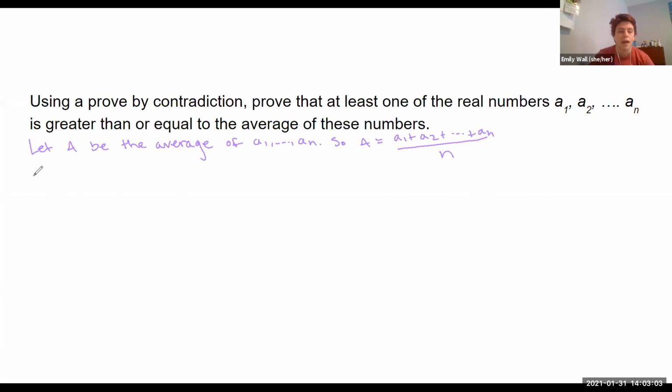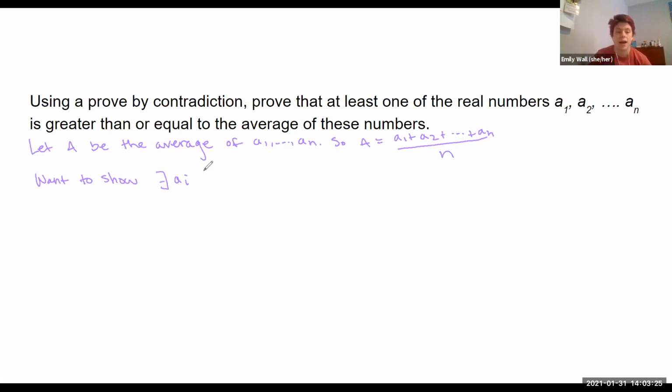Okay. I also write down what I want to show in a proof because this will help me figure out what my assumption is. This will help me figure out where I'm going. It's just a really good idea. So we want to show that there exists an A sub i. So I'm going to say this is the same as saying there exists a number in our list.